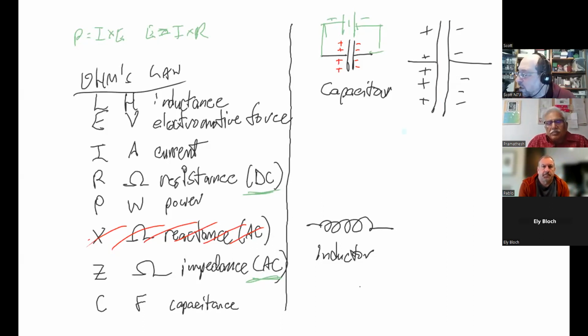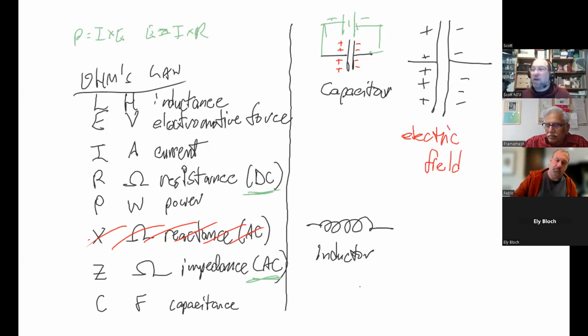So they actually generate something called an electric field, and that electric field exists in between them. It's measured in voltage per distance, and it's dependent on the voltages that exist on those two plates. This is actually a storage unit. It's a storage mechanism for energy in an electric field.